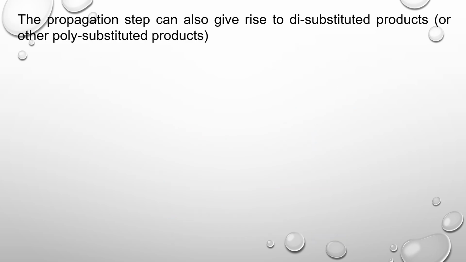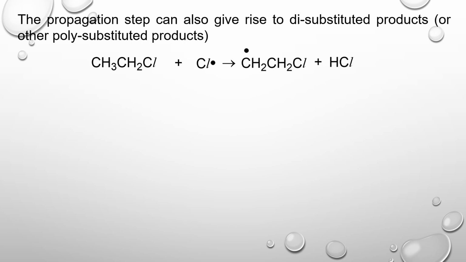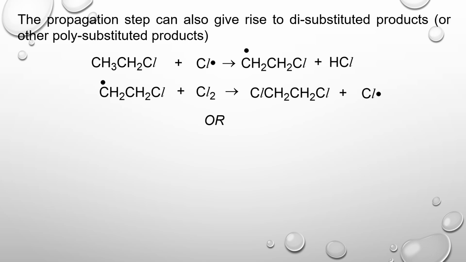So the propagation, like mentioned, is the one whereby it gives you the product. So the propagation step can also give rise to di-substituted or tri-substituted products, depending on how much halogen you put in. So for example, in this case, this one can continue to give me a di-substituted product.